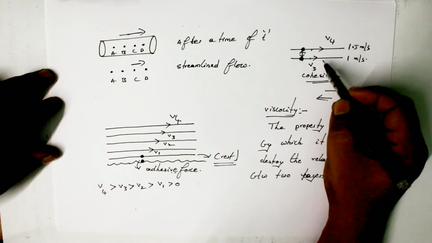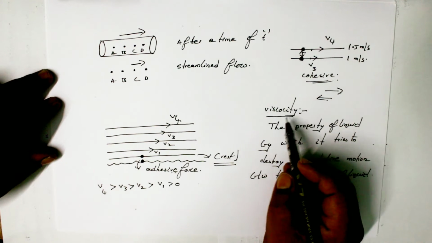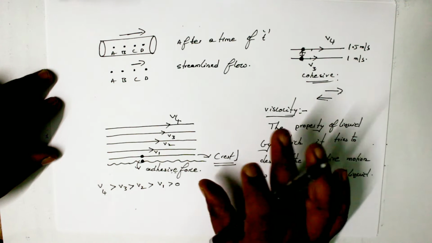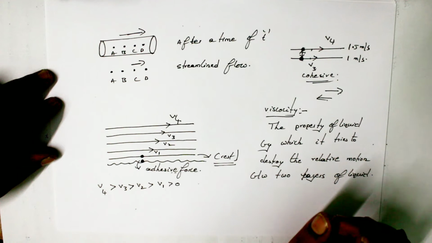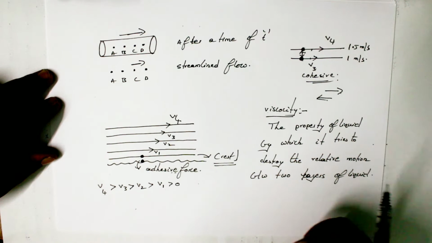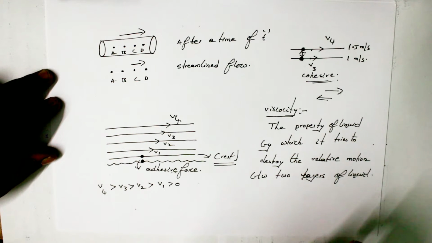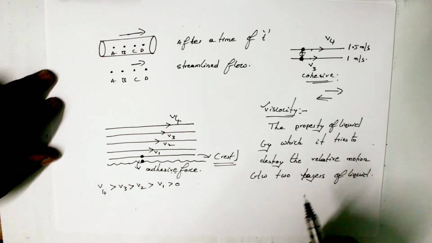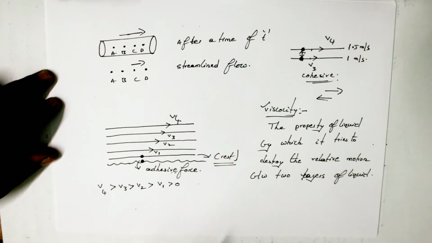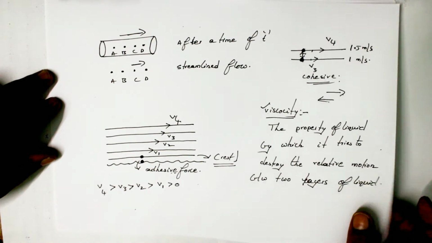So when external forces are not acting, these viscous forces continuously try to reduce the relative velocity between them, and finally the velocity of the liquid will become zero. So this property is exactly what is called viscosity. And this property is not a constant for every liquid.